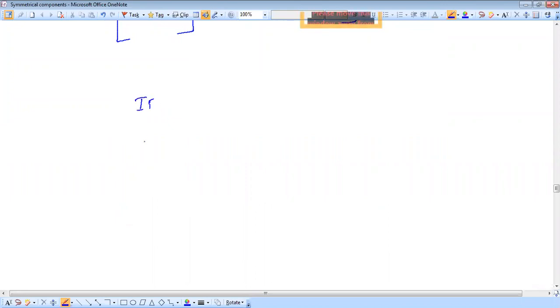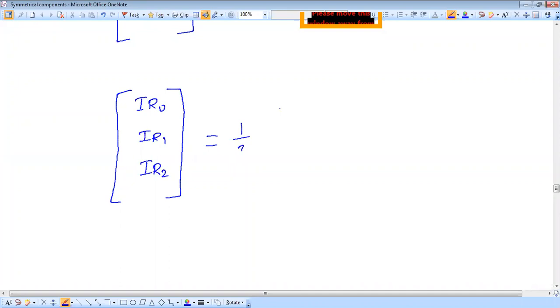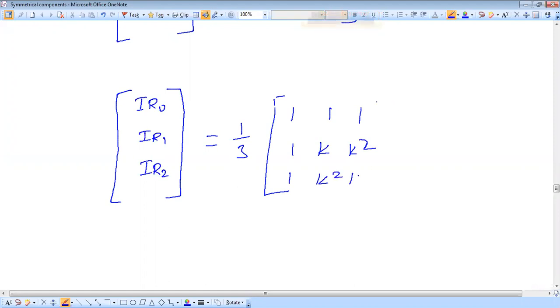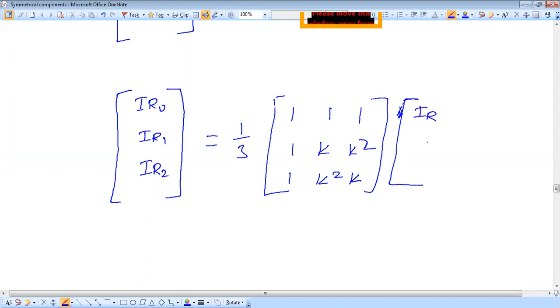IR0, IR1, IR2 in terms of IR, IY, IB is one third of 1, 1, 1, 1, K, K square, 1, K square, K, times the remaining matrix IR, IY, IB.